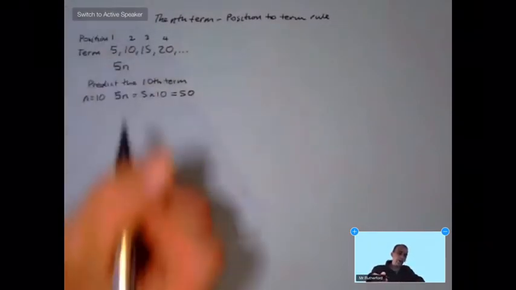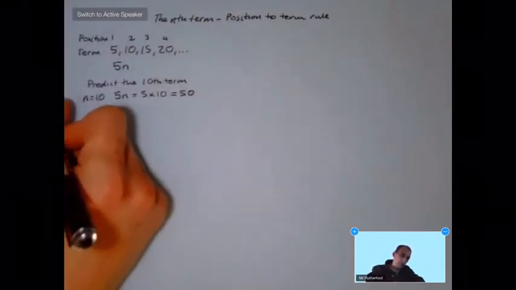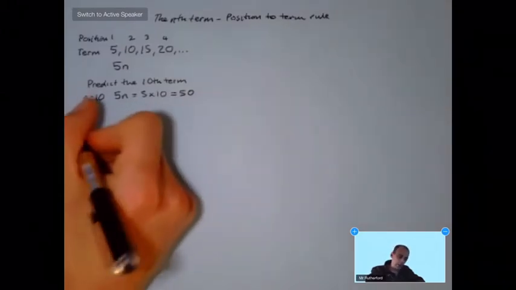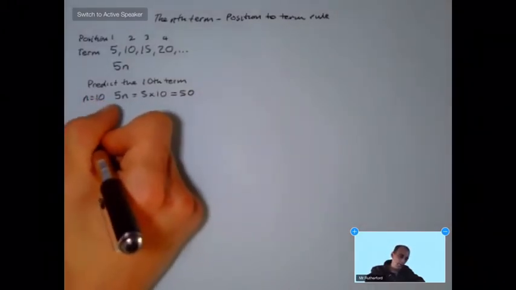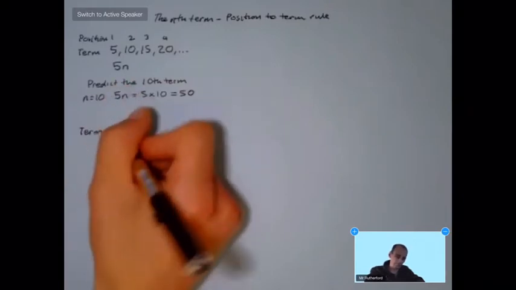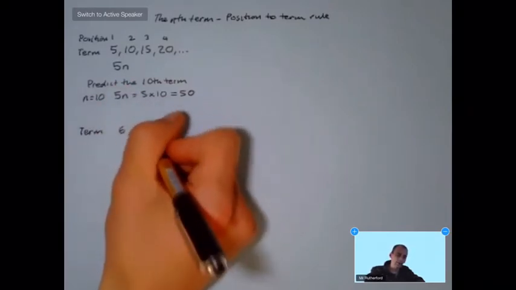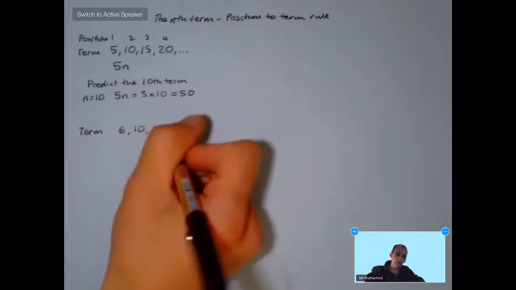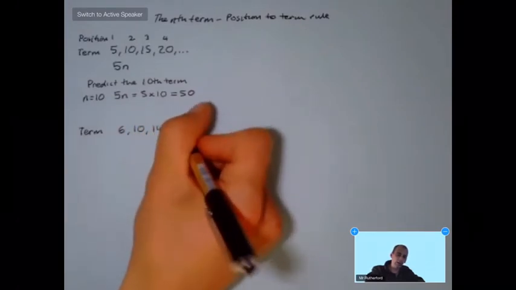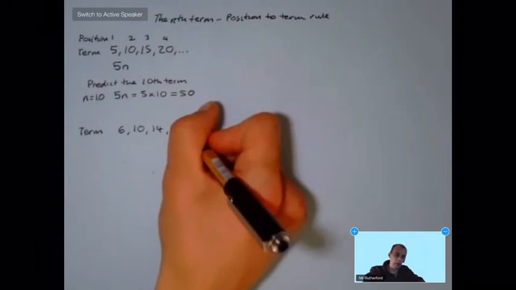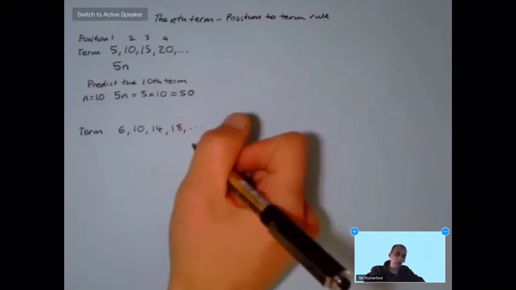So let's do another example, and I'm going to make this one a little bit harder. So the terms in my sequence are 6, 10, 14, 18, and so on.